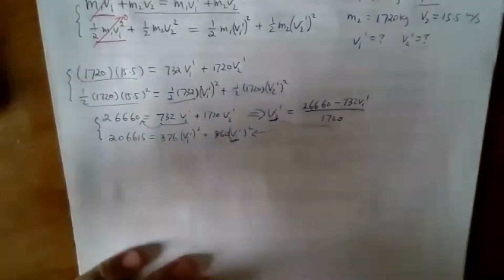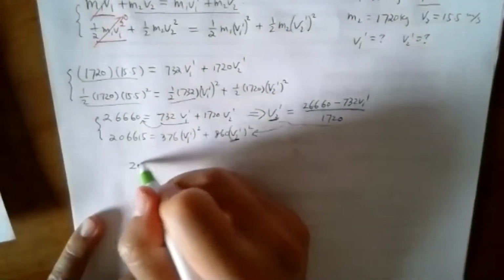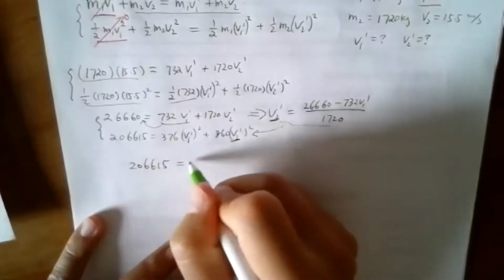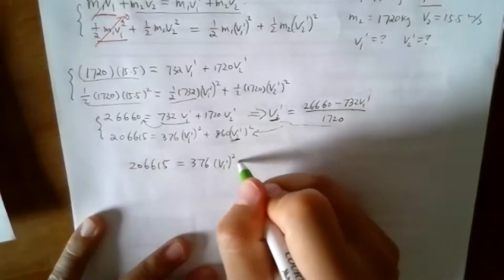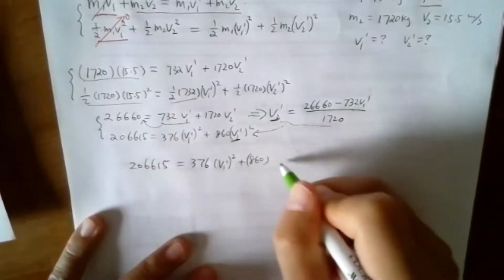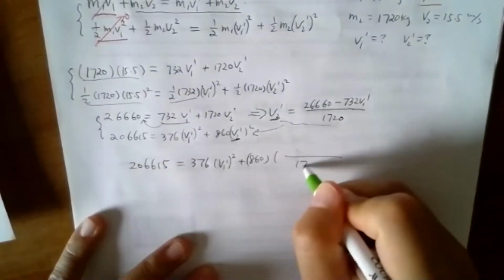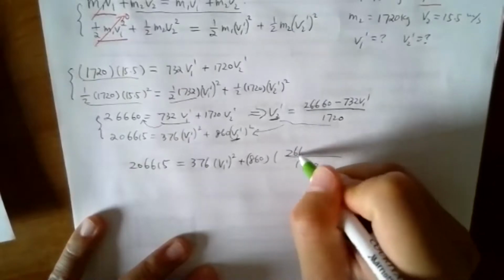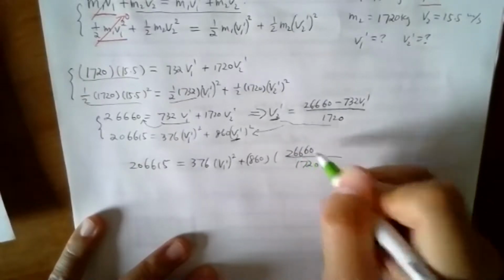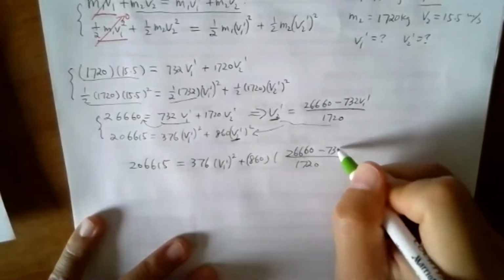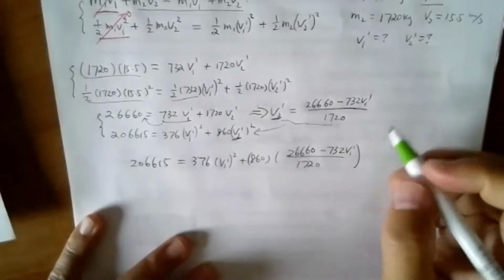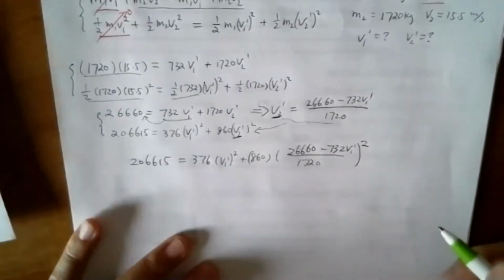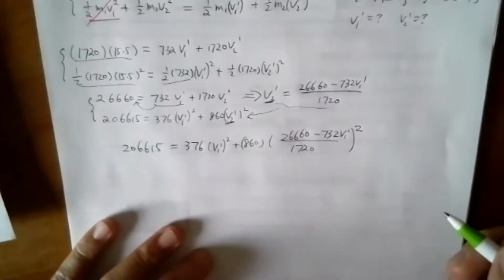Then your second equation becomes 206615 equals 376 v1 prime square plus 860 times this expression, 1720 at the bottom, 26660 minus 732 v1 prime, and then square. Don't forget about the square there.